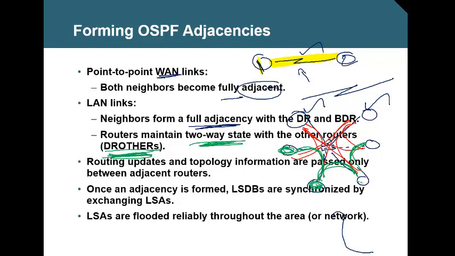There will be only one DR and one BDR in a LAN. We'll talk more about this DR BDR later. But one thing you should know is, when we have an Ethernet connection, there will definitely be one DR and one BDR.